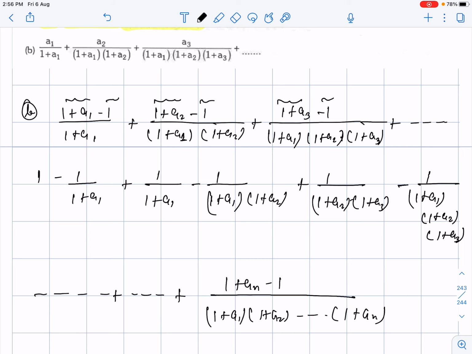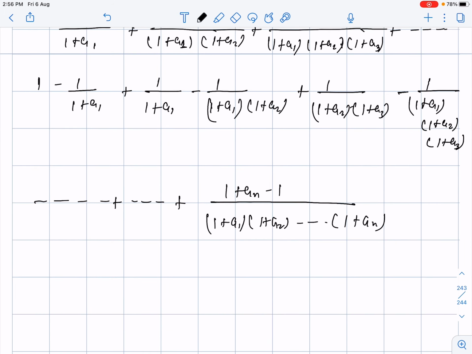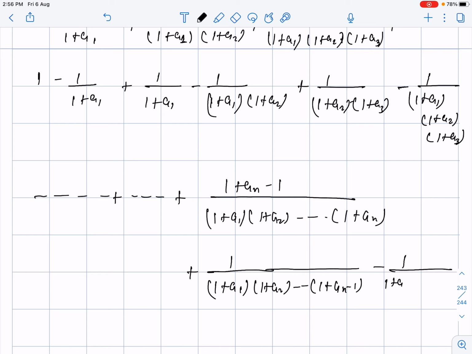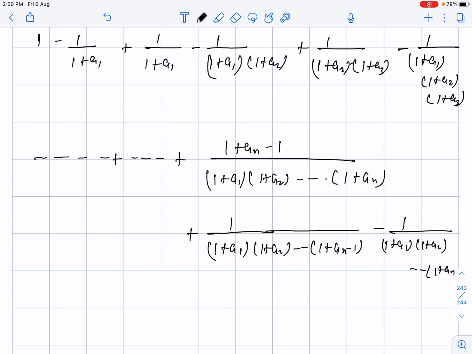So the nth term, when we resolve it, becomes 1 upon 1 plus a1 multiplied by 1 plus a2 goes on up to 1 plus a(n minus 1), minus 1 divided by 1 plus a1, 1 plus a2, goes on up to 1 plus an.